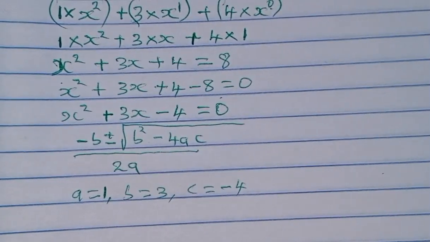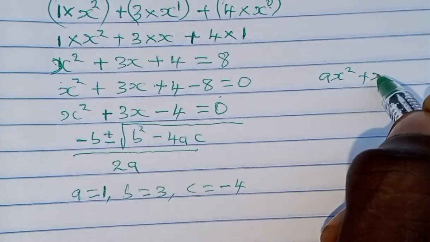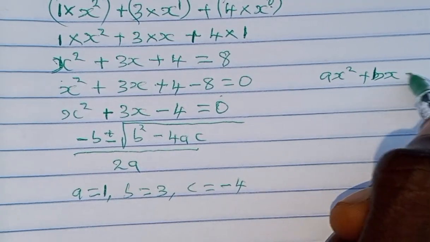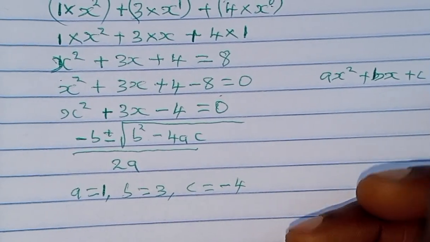This formula is gotten from ax squared plus bx plus c equals to 0 using the completing the square method.